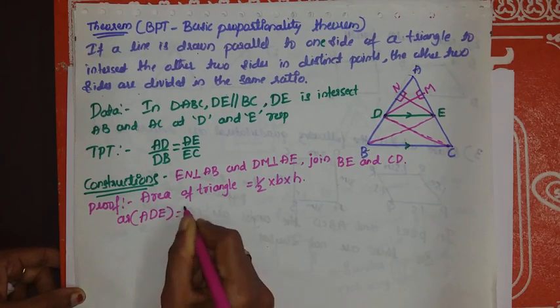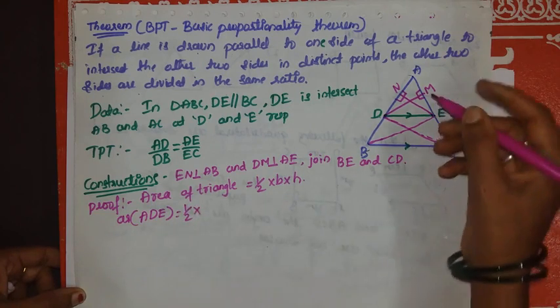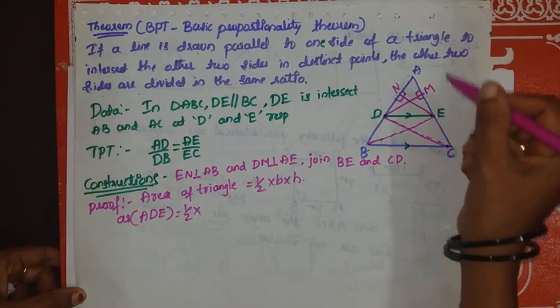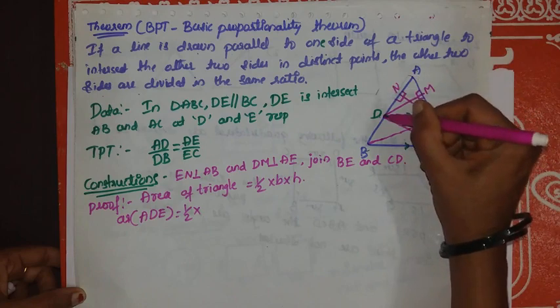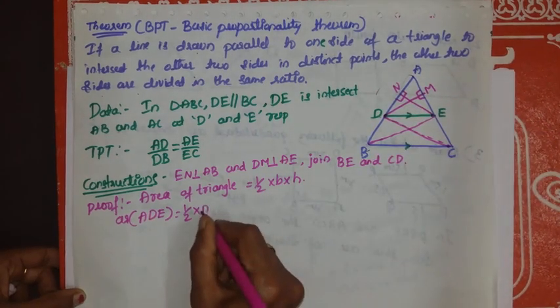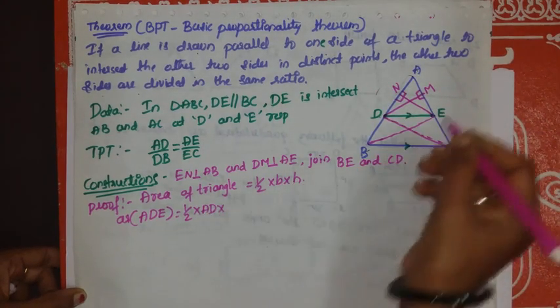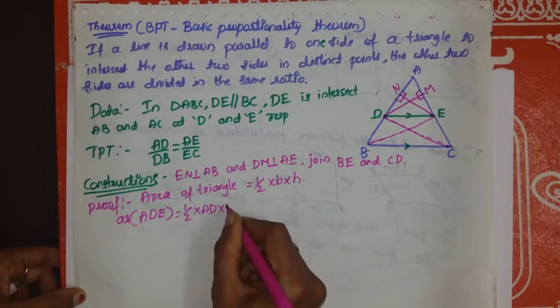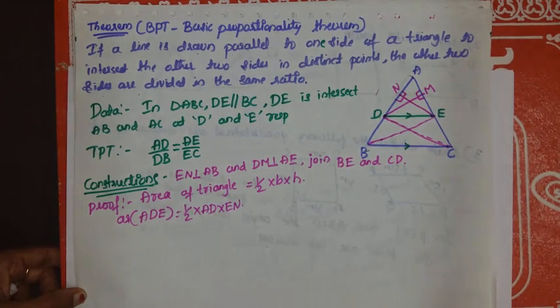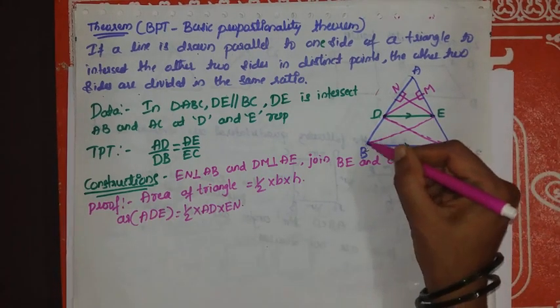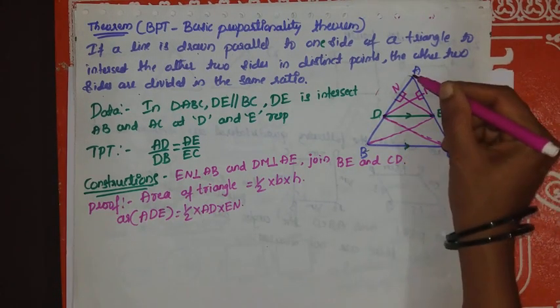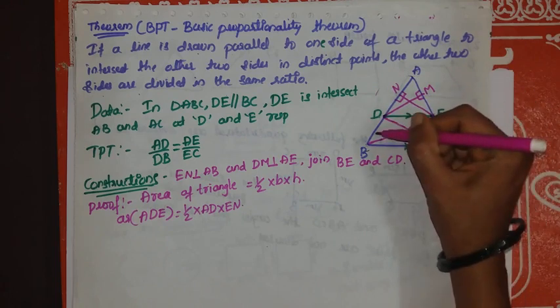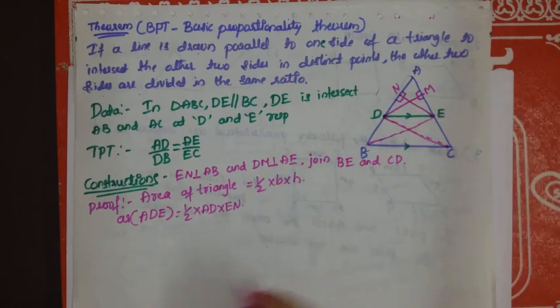Area of ADE is half into base AD, then height is EN. Now I take another triangle, BDE, the triangle below ADE.